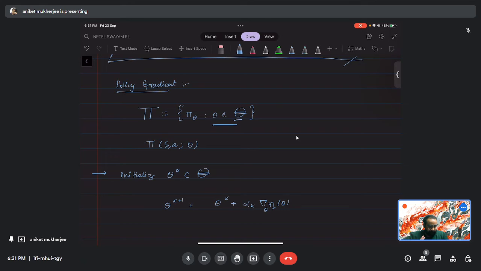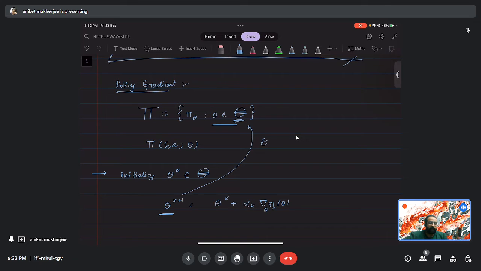I will go into this later. But do you see a problem with this expression? Yes, you are exactly right. Why I'm being so specific is that there could be cases where your theta k plus 1 does not belong to this Theta set.